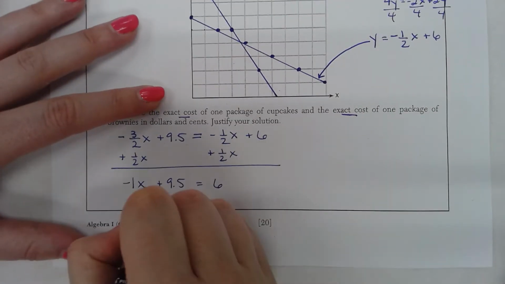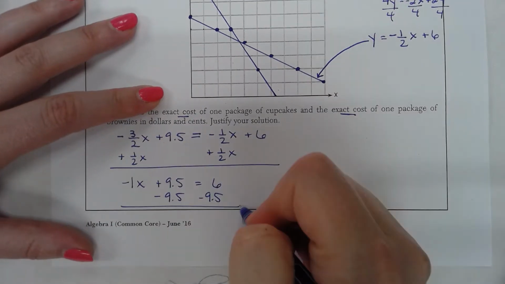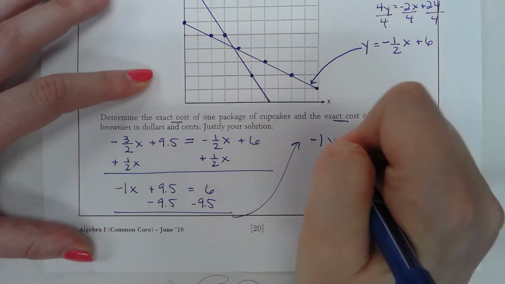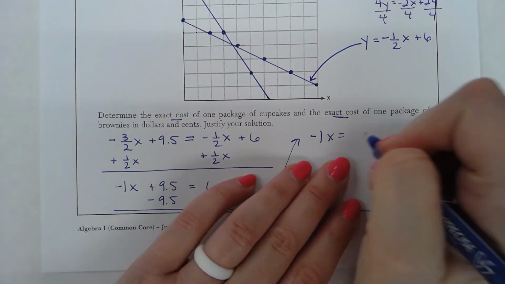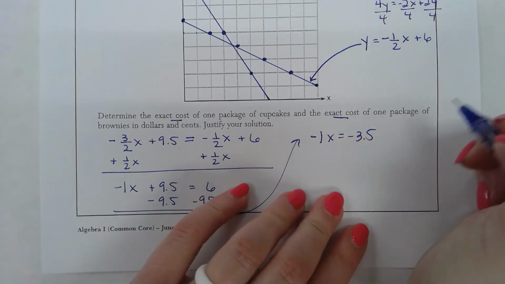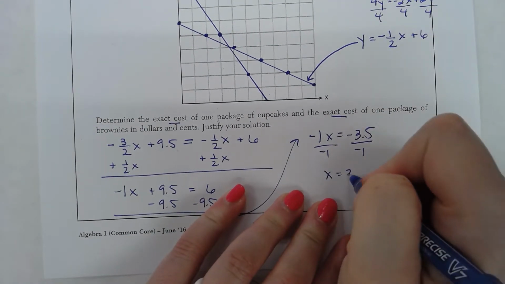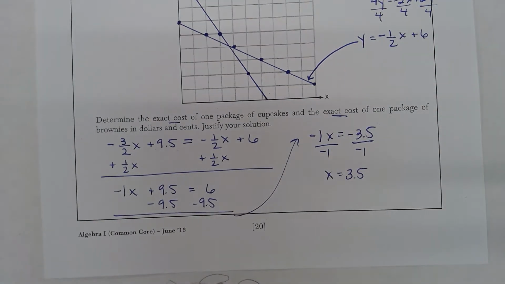I'm going to subtract 9.5 from both sides. Negative 1x equals negative 3.5. Divide by negative 1. x equals 3.5.